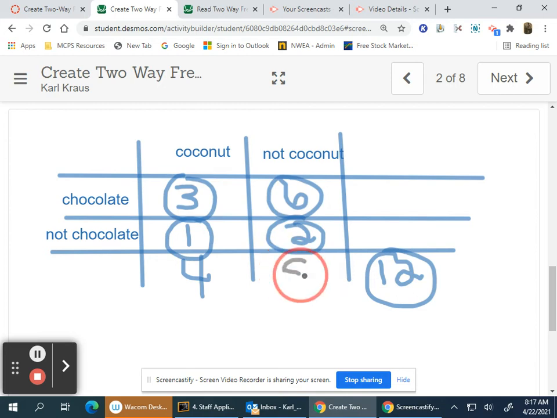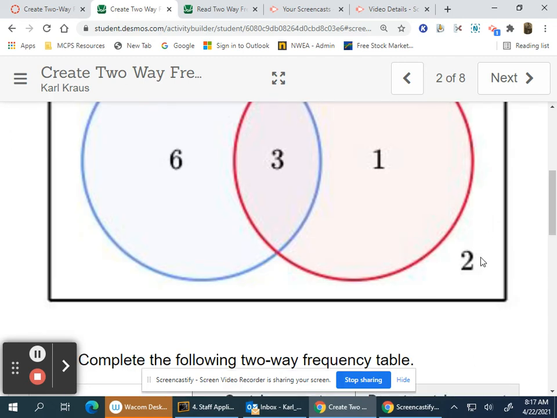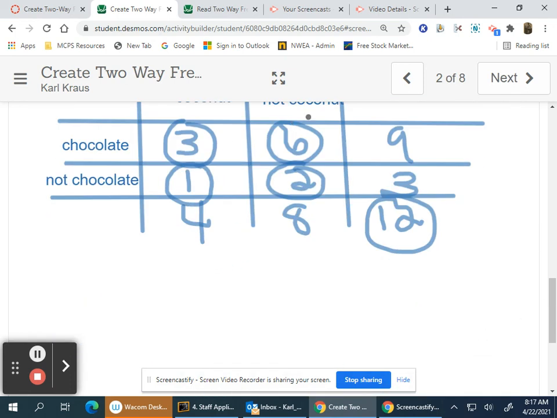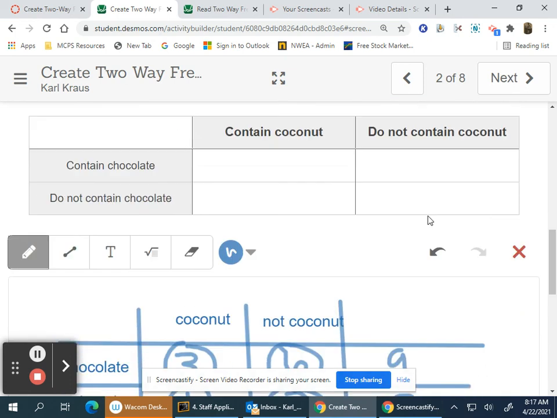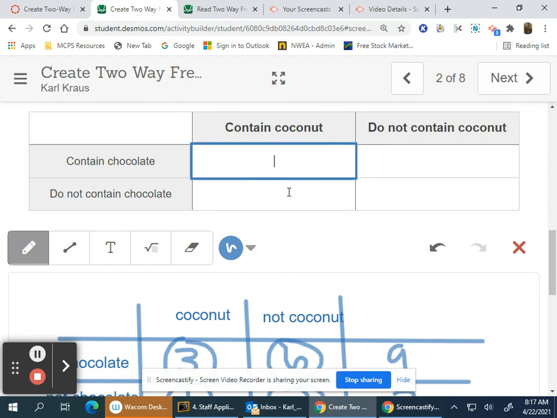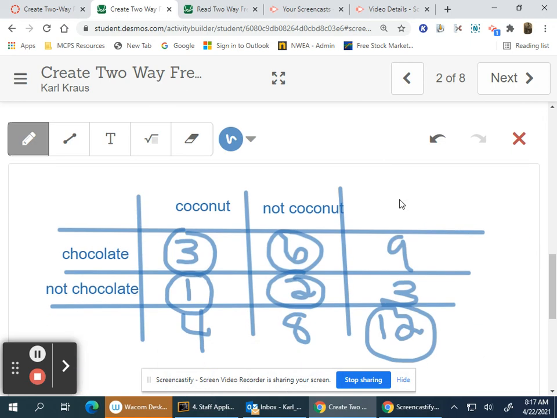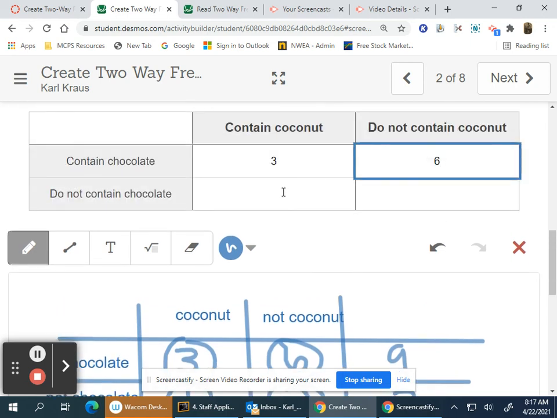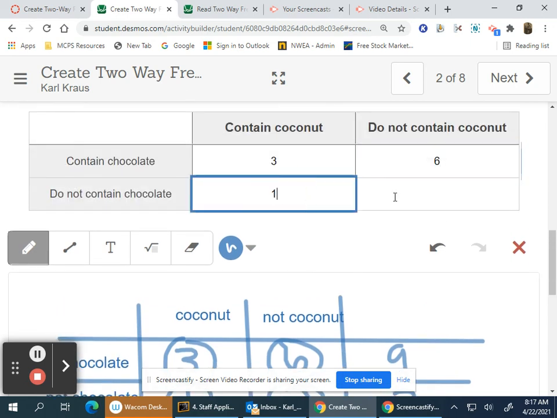So just to finish this table off, to make sure everything adds up correctly, this outside number is neither, not chocolate, not coconut. So the numbers that go in there are 3, 6, 1, and 2.